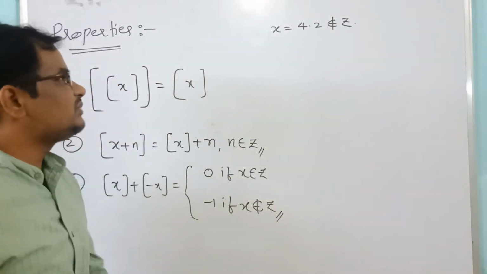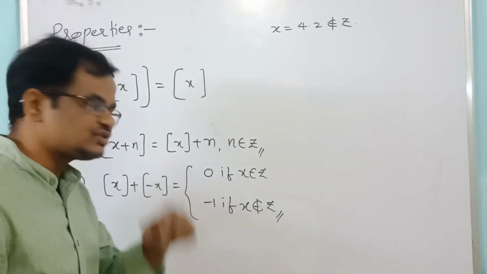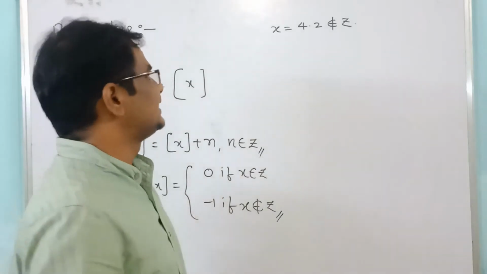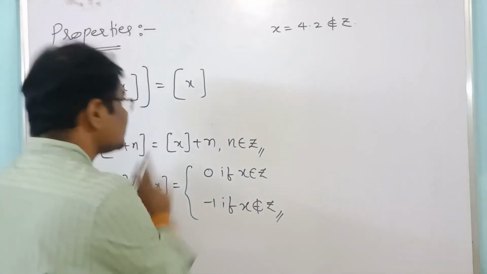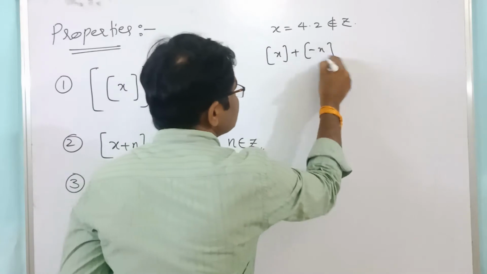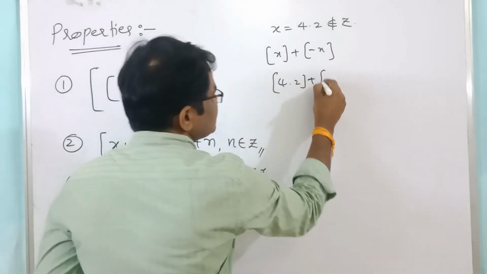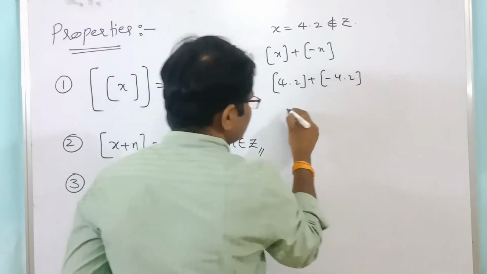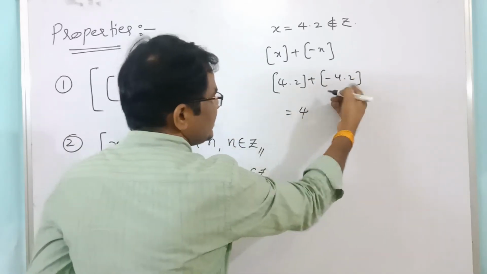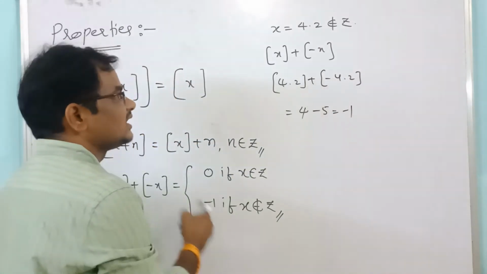Then what should you get? Minus 1. Replace here: 4.2 plus minus 4.2, that is 4 and here minus 5, that is equal to minus 1. Satisfied or not?